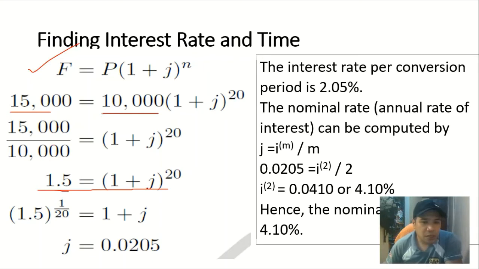Moving the 1 to the other side as negative, j is equal to 0.0205, or 2.05%.